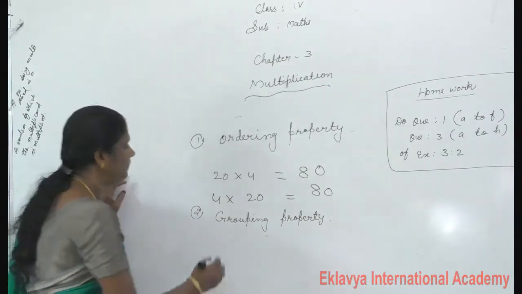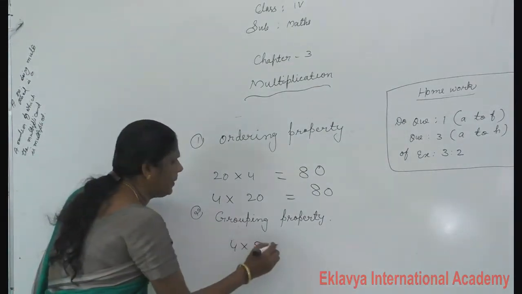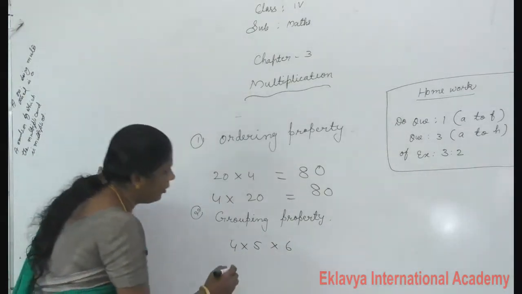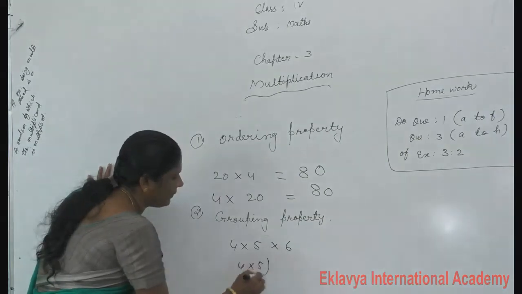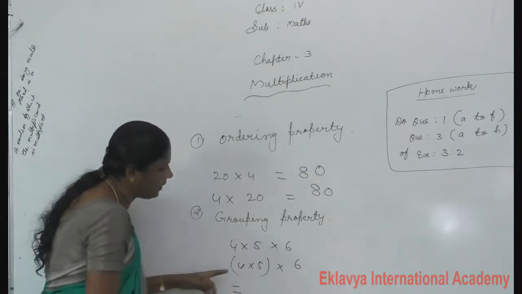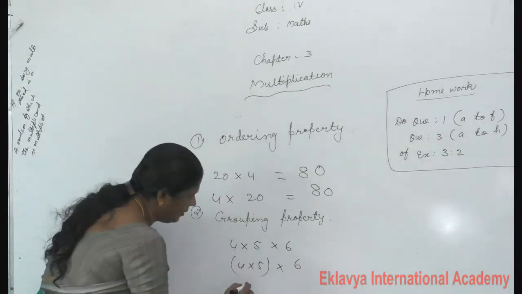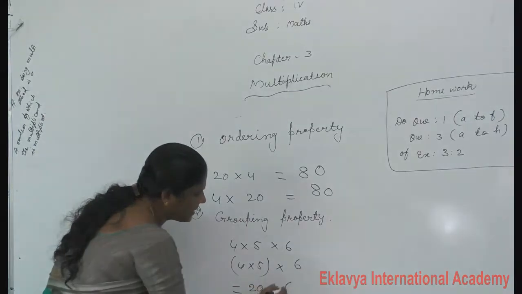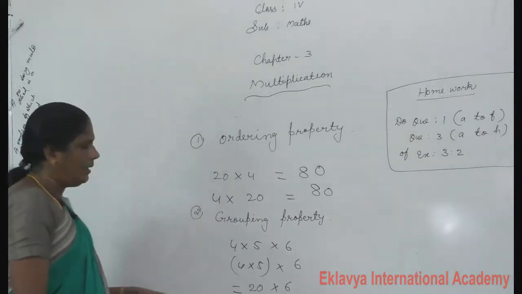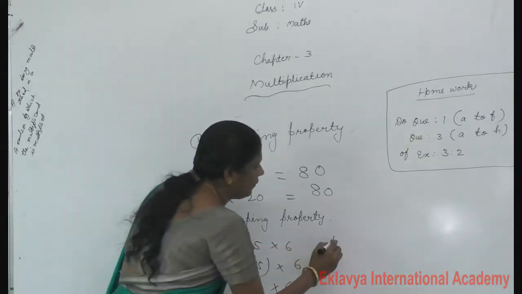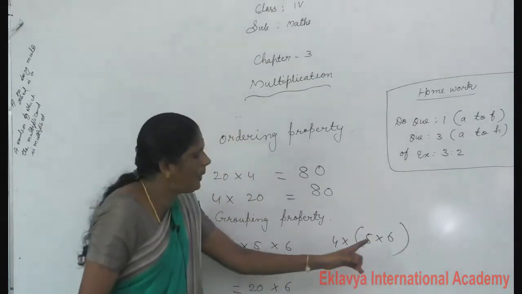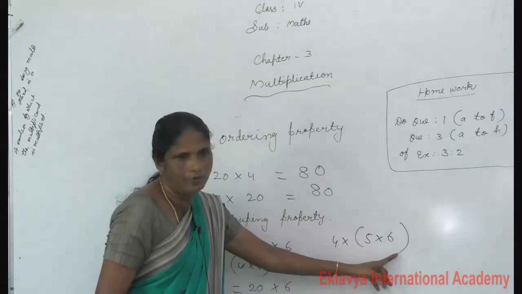For example, 4 multiply 5 multiply 6. 3 numbers here. First we group 4 multiply 5, then multiply by 6. Here 4 5s are 20, then 20 multiply 6 is equal to 120. Then another group: I group 5 and 6 in a group.